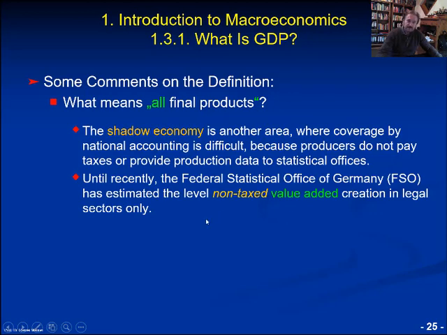Until recently, the Federal Statistical Office of Germany has estimated non-taxed value added creation in legal sectors only. Legal sectors with a substantial part of shadow economy are typically the construction sector or the handcraft sector.